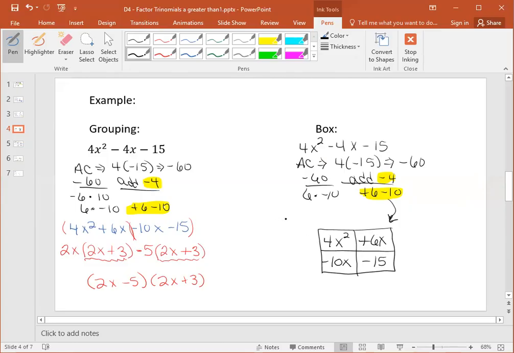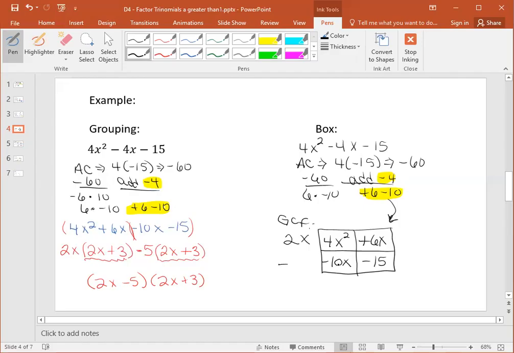Now we're going to factor out the GCFs for every row and every column. For the first row, the GCF between 4 and 6 is 2, and from x squared and x it's an x. From the bottom row, we take a negative because it's out front.